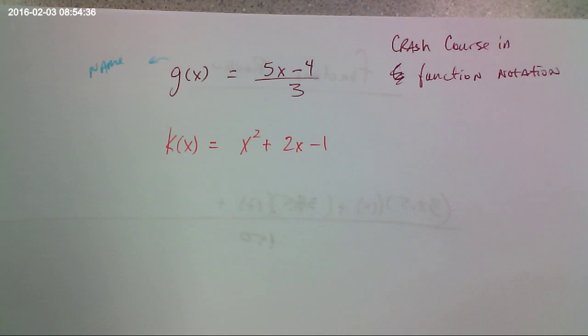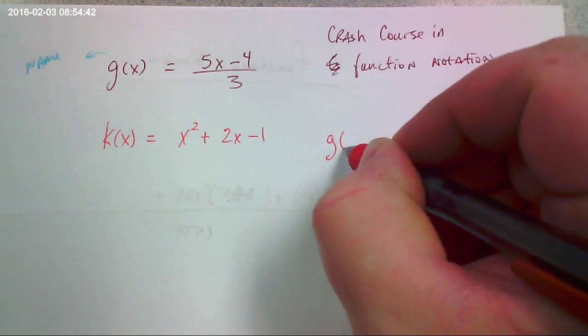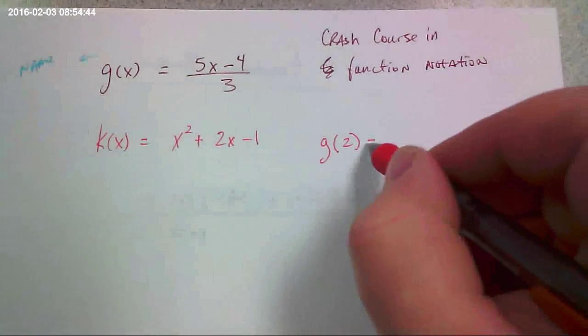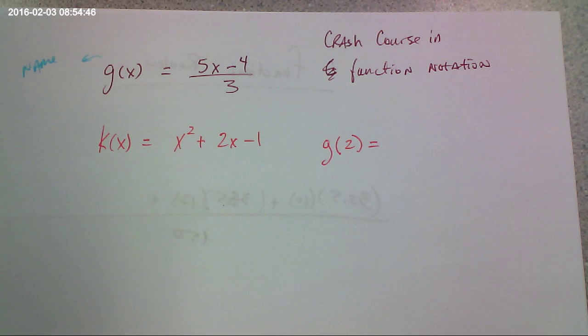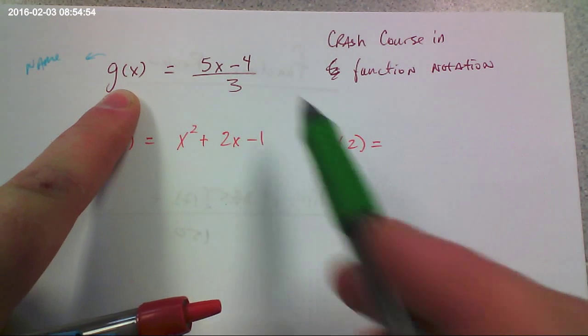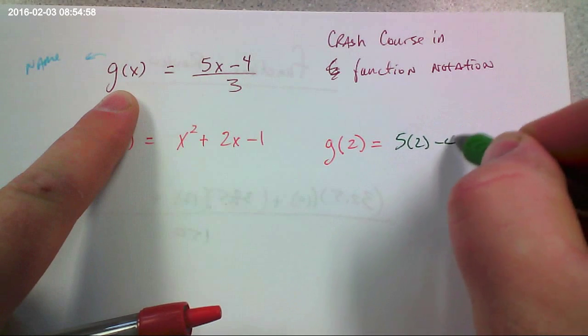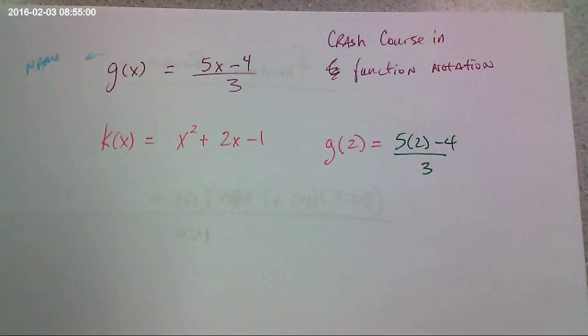They're just different functions. The way the notation works, though, in case you forgot, you might be asked to evaluate this. And all you've got to do is take the 2 and plug it in for x. You see how the x was replaced with 2? So every single x you see, you just replace it with 2, and then you follow the order of operations.